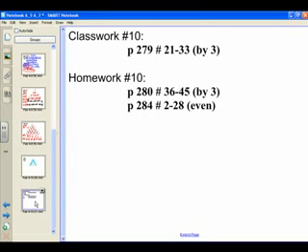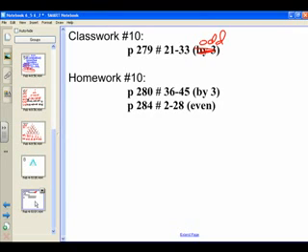Let me check. Last time I assigned, you did do 16 through 40. Oh, but you did even some of the evens. How about this? Since you did the evens, change it to odd.